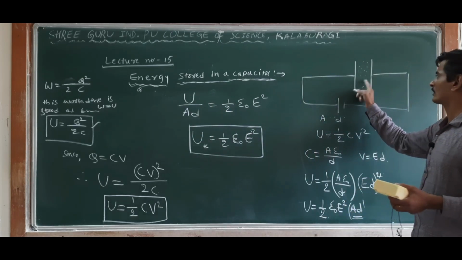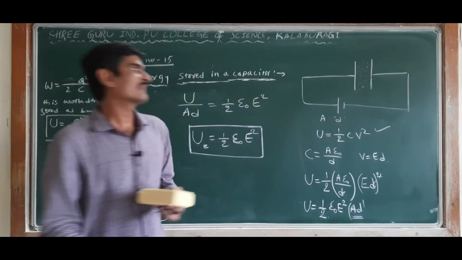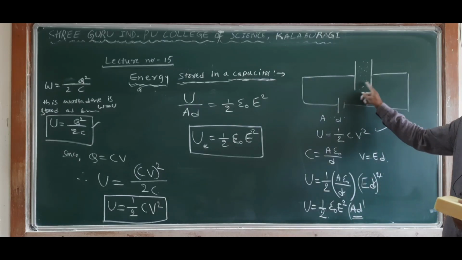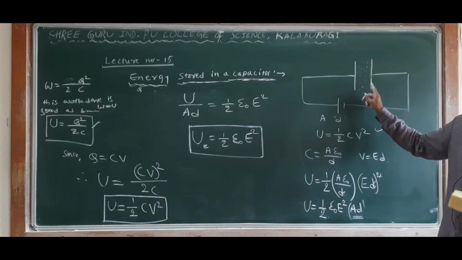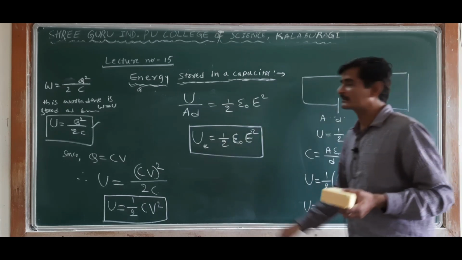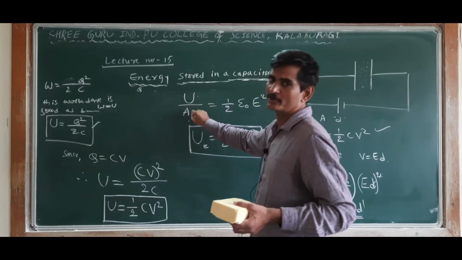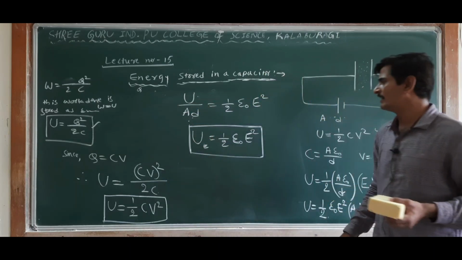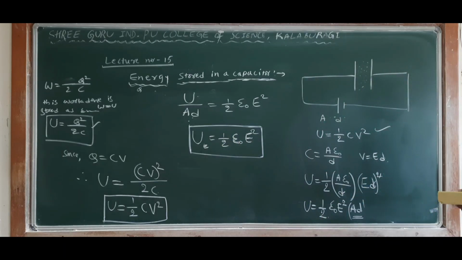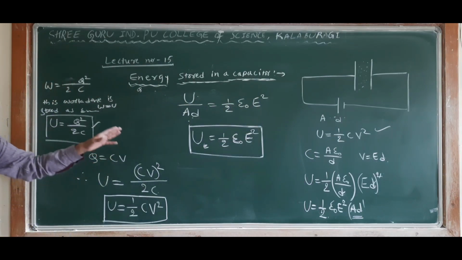Remember that energy is stored in between the two plates of the capacitor in the form of electric field. Energy stored per unit volume is energy density, and it is given by 1 by 2 epsilon naught E square. Understood? They will not ask these things, I told them just for your understanding.